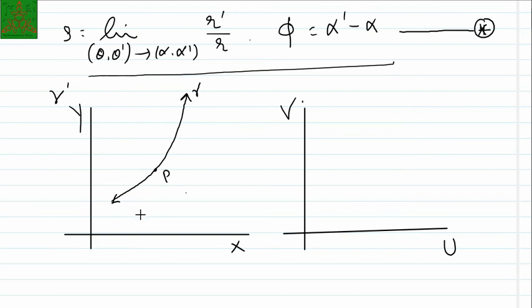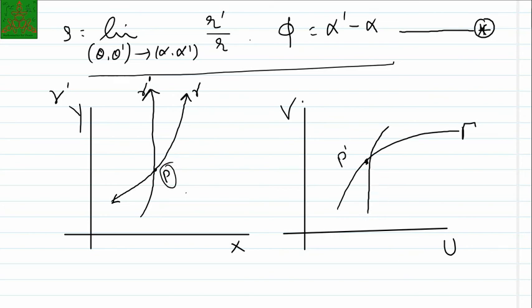There is another curve, gamma dash, that we are assuming, which is passing through the point P. The image of gamma is capital gamma, and there is the point P dash which is the image of this point P, and there is another curve which is the gamma dash. Let's say it looks like this, which is passing through this point P dash.